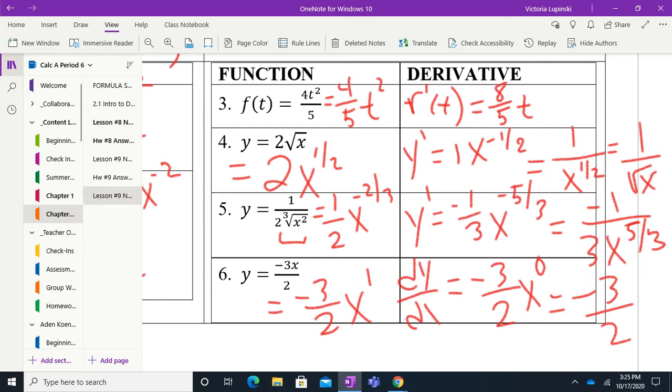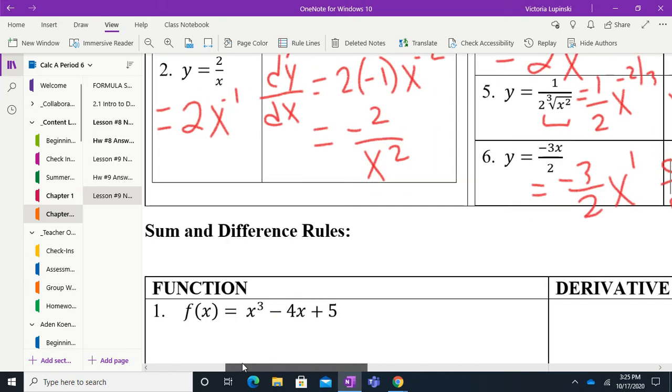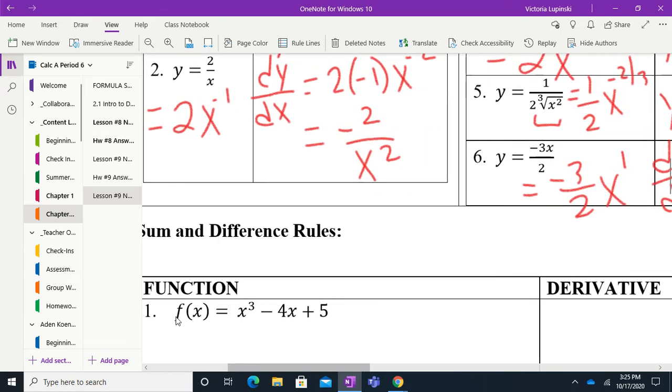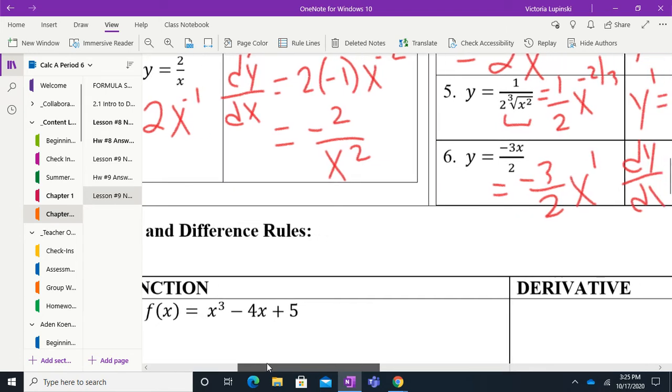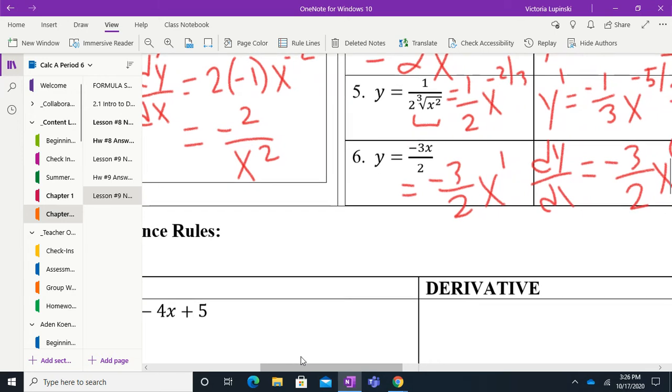So those are your first 4 rules: the constant rule, the power rule, the constant multiple rule, and the combo rule. And again, the constant multiple rule and the combo rule kind of go together. And then the sum and difference rules are actually quite simple. All the sum and difference rules basically say is that you're allowed to do all of those rules for as many different terms as exist in your polynomial. So if you're taking the derivative d dx, and just so you know, it's only going to be d dx, at least for today.